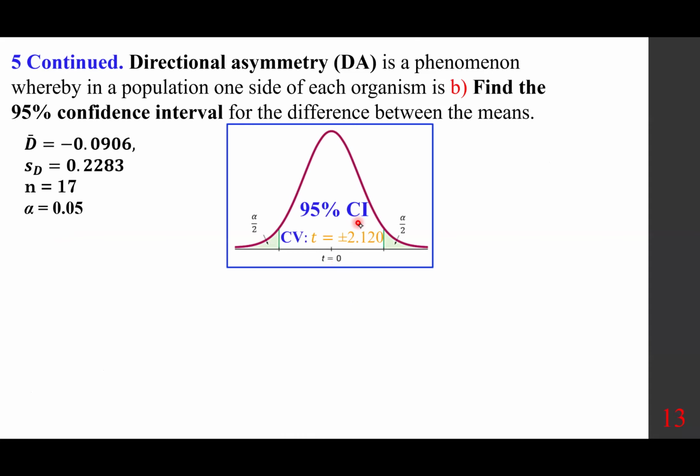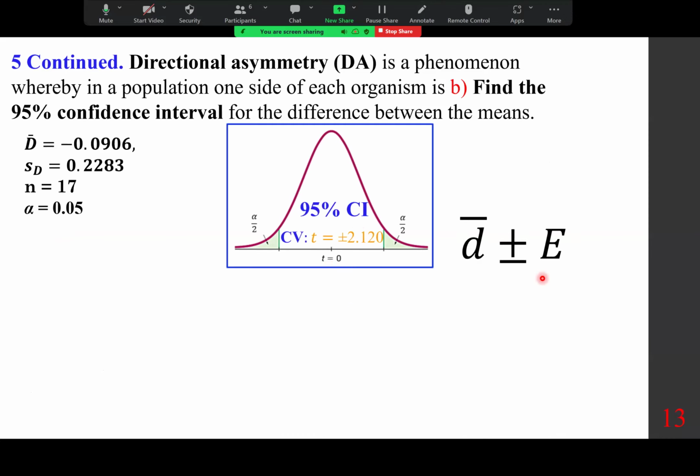In this case, we are going to use D bar plus or minus E. By the way, on purpose, sometimes I use lowercase, sometimes I use uppercase. It depends on the text. Sometimes they use lowercase, sometimes they use uppercase. So be familiar with that. And E, I hope you remember that for X bar was t times S over square root of n.